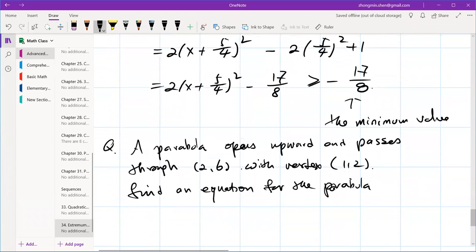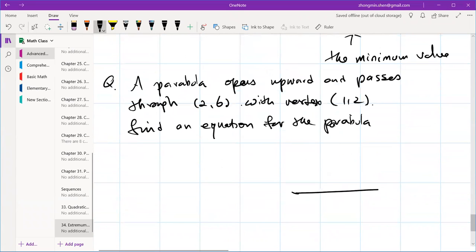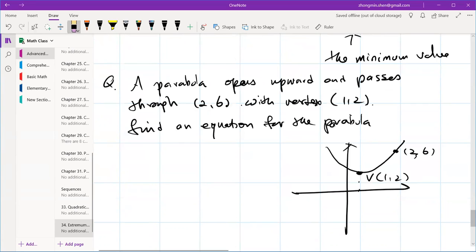Right. So you draw the graph first. So this is the graph. The vertex is given, the parabola opens upward, and it passes through another point. Okay.